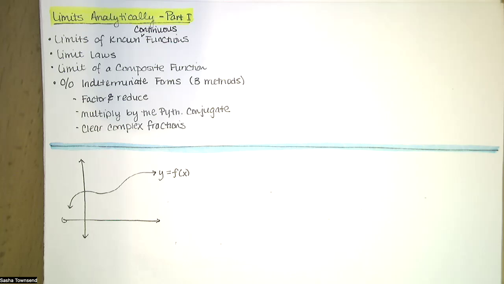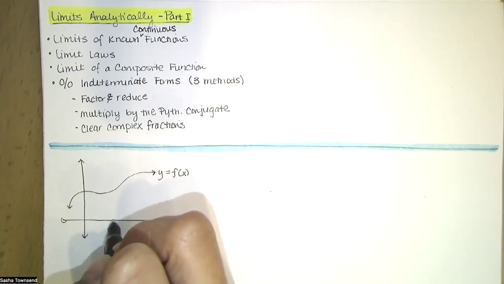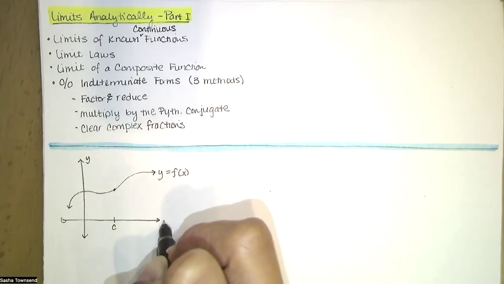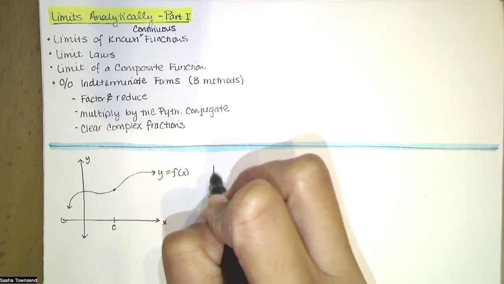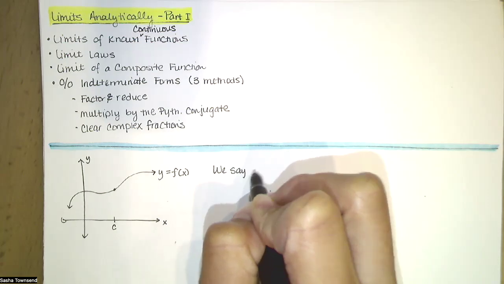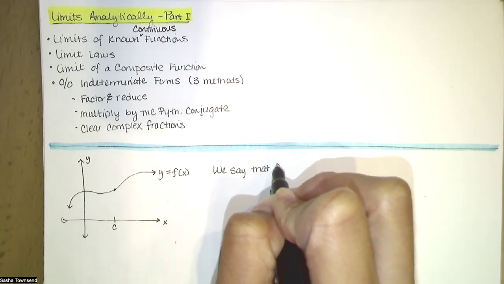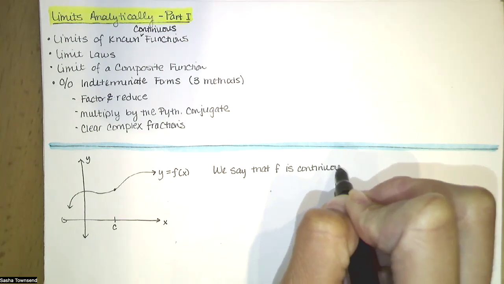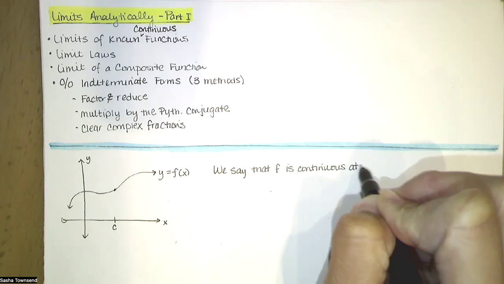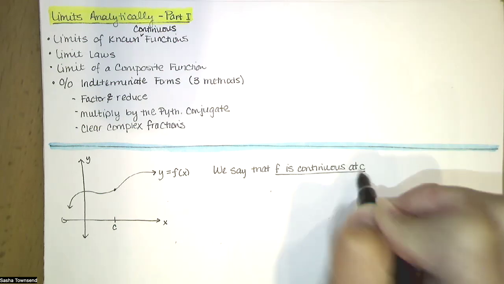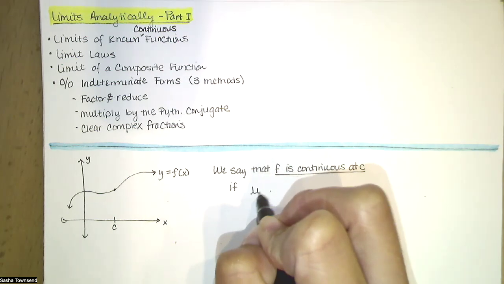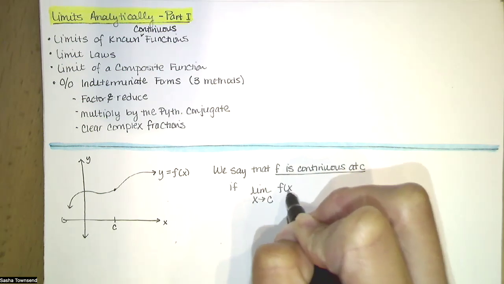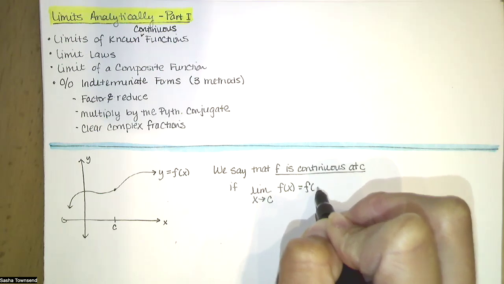So let's say you have a function y equals f of x. We say that f is continuous at x equals c if the limit as x approaches c of f of x equals f of c.